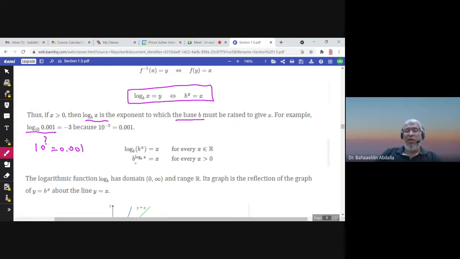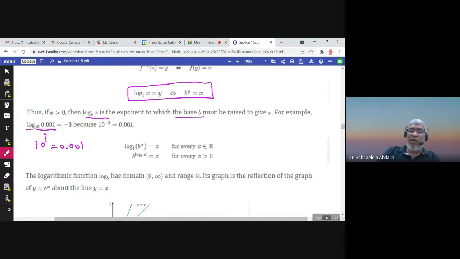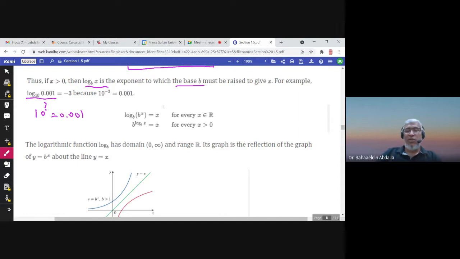So also b to the power log x to the base b is x. So the logarithmic and the exponential cancel each other and you get x. Here also the logarithmic and the exponential cancel each other and you get x. So these are two properties.